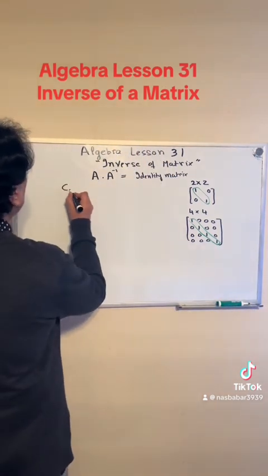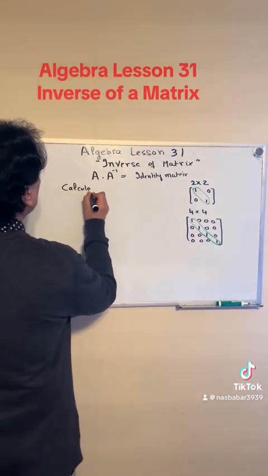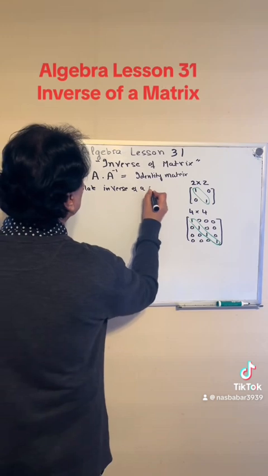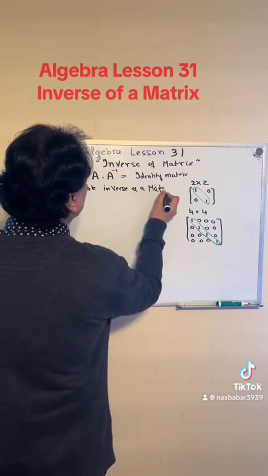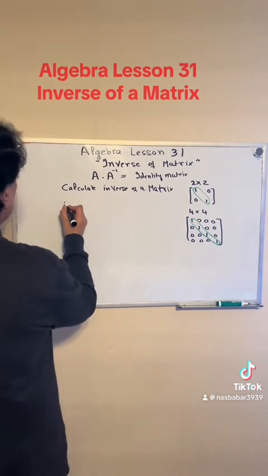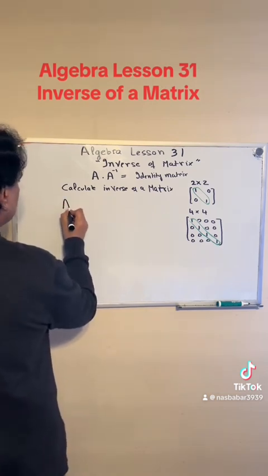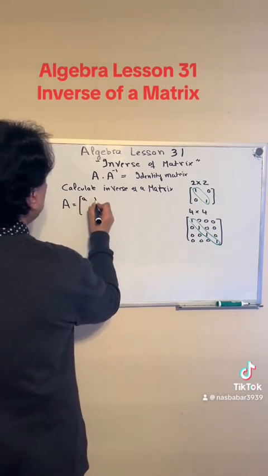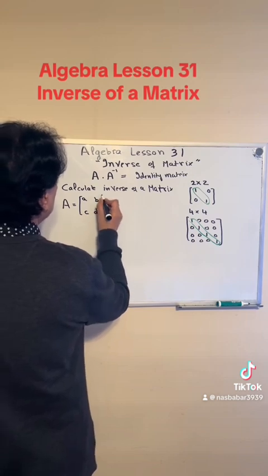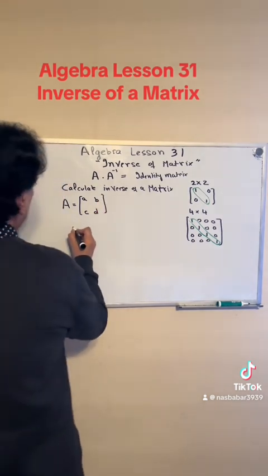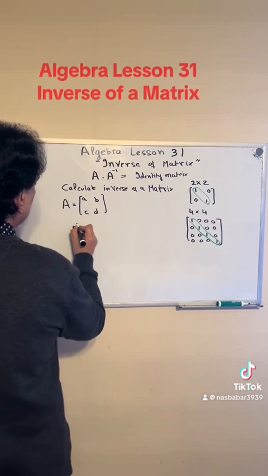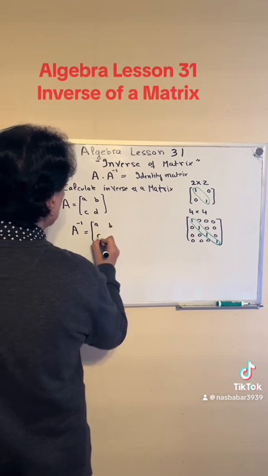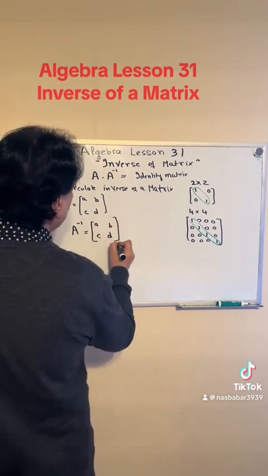In order to calculate the inverse of a matrix, this is the formula right here. Let's say you have a matrix A equal to A, B, C, and D. So A raised to the power minus 1 would be equal to A, B, C, D, and then minus 1.